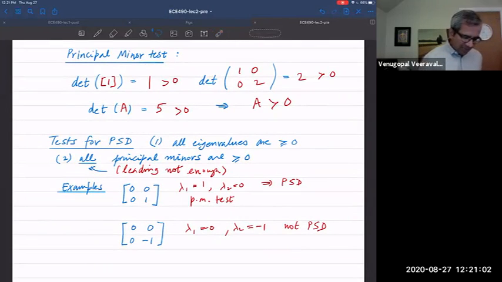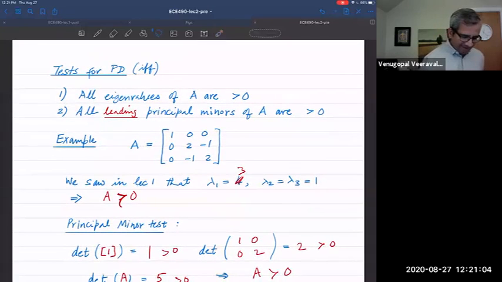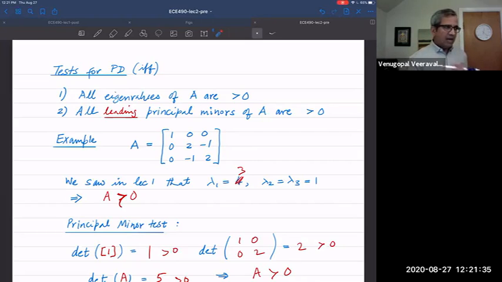By the way, what's an example of something that's not a principal minor? Here, the leading principal minors of this matrix are this, and this. But if you include other minors, you could have this be a minor and this be a minor, and then you could remove this part and get another minor, right? The principal minors are obtained by removing any k rows and the corresponding columns of the same index.